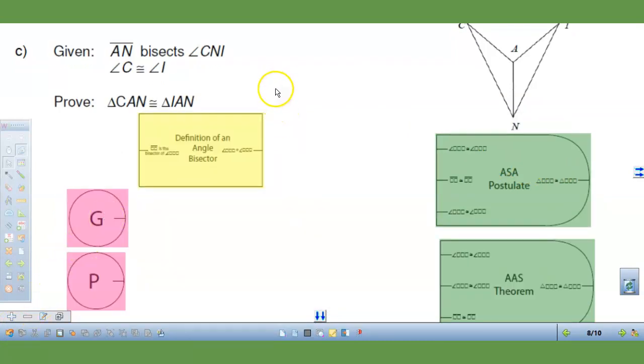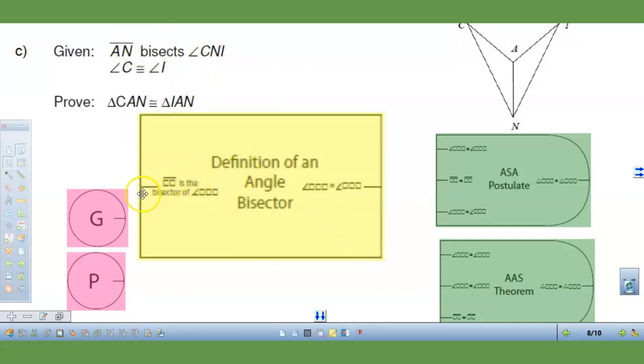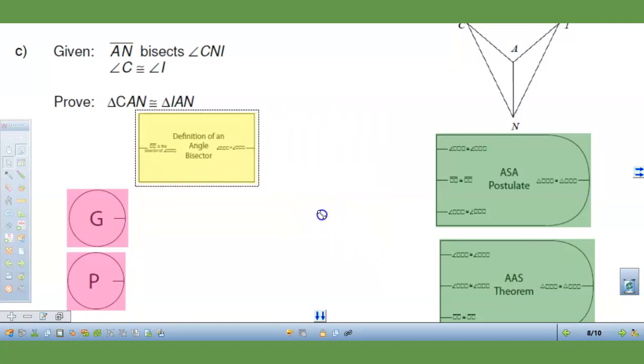You've probably seen here that once again we have AN bisects an angle. That matches the definition of angle bisector on the left-hand side. So let's go through and mark that up.